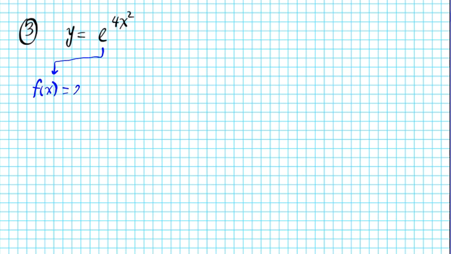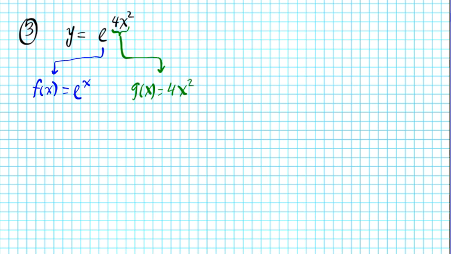That is e to the x. I'm going to go a little bit faster here since we're getting the hang of it. The inner function is what x is plugged into in this parent function, which is 4x squared, the quadratic monomial. G of x is 4x squared.